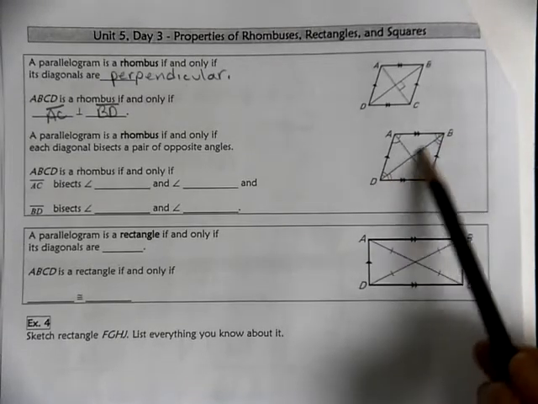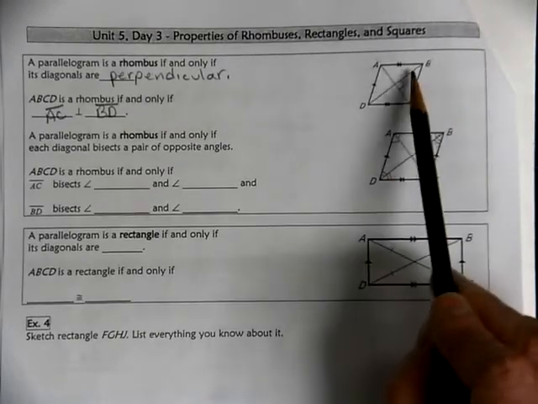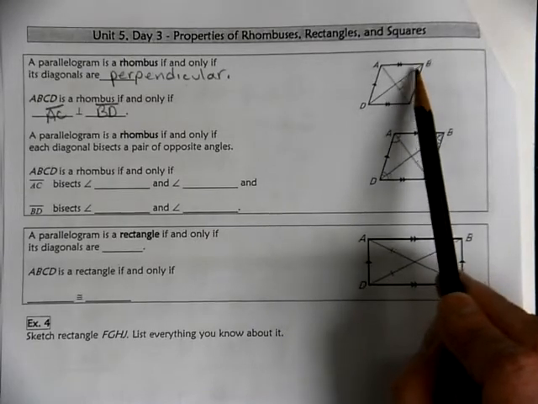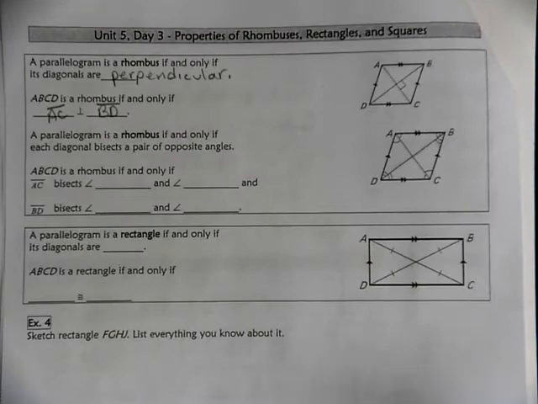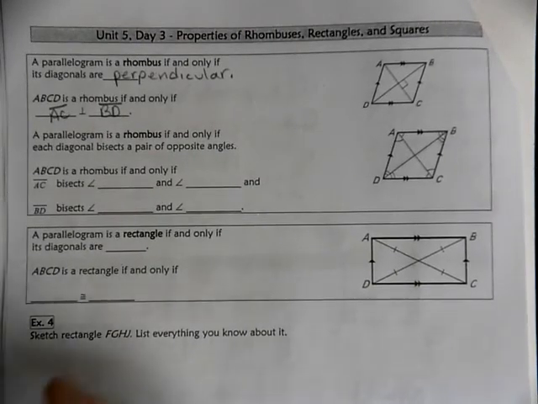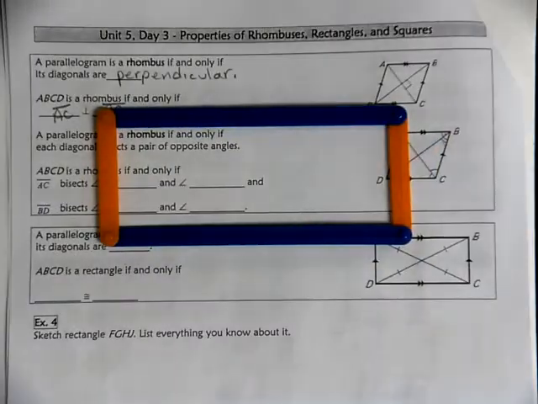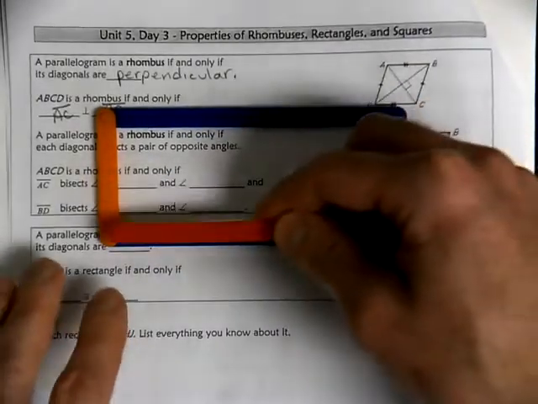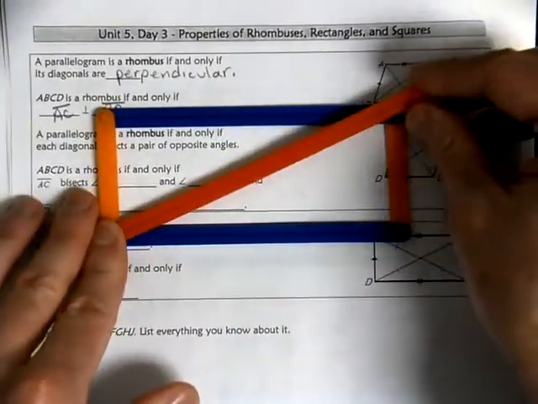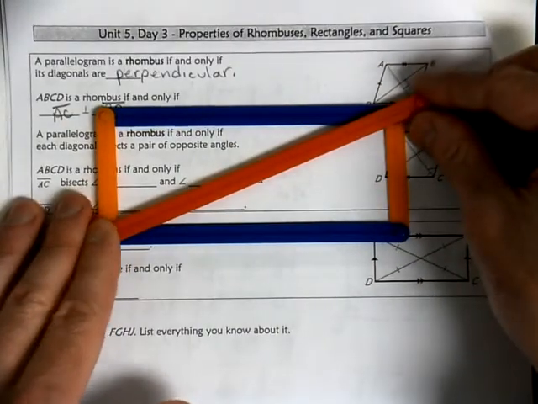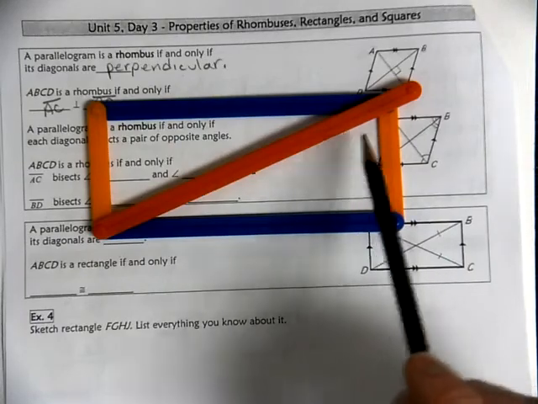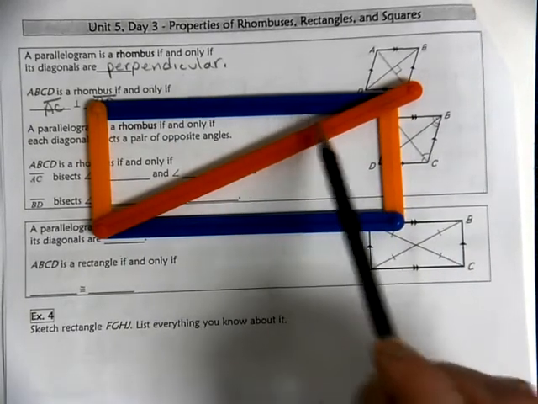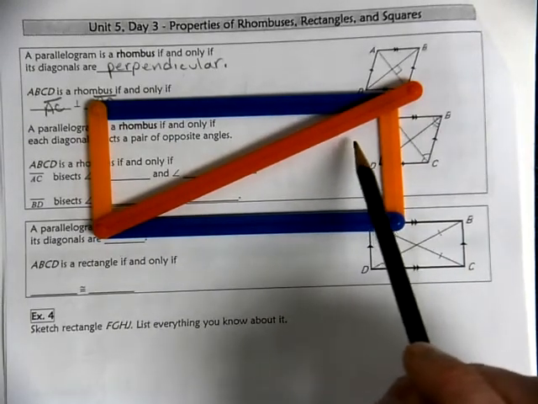So this diagonal is going to come through here, and it's going to cut that angle exactly in half. That is not true about every rectangle. So if we put a diagonal onto a rectangle, you'll see a big angle here and you'll see a small angle. That is not being bisected.